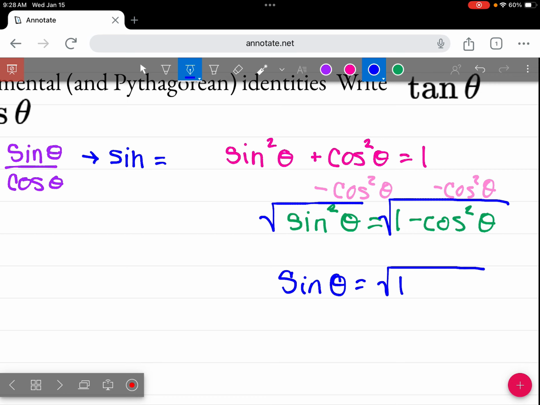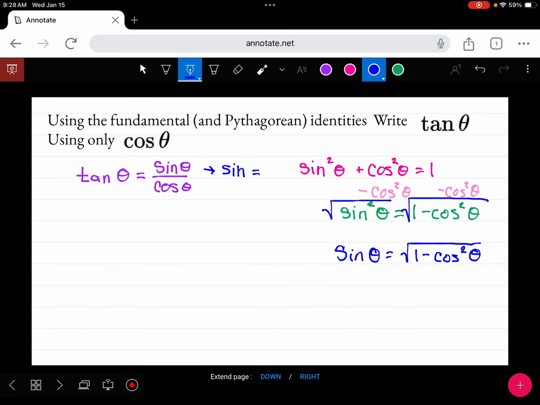And you picked this question, not me. I'm sorry. The square root of 1 minus cosine squared theta. It's a mess, and we're going to leave it like that. It's okay. So I can take this and substitute it in for sine.